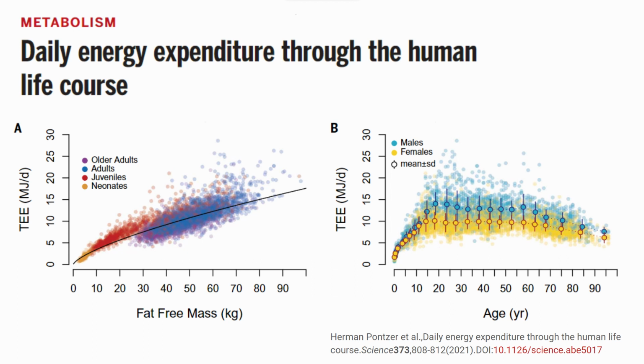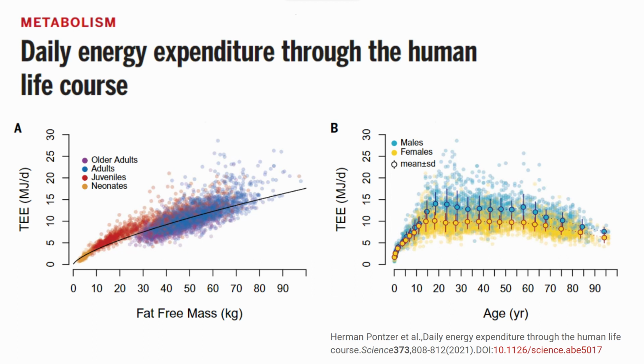There's a rapid increase in the energy expenditure as you're growing, till maybe 12, 13, 15-ish years, a very rapid change, and then it starts plateauing from about 15 to 20, and from the mid 20s onwards you start to see a slight dipping in the amount of energy your body is consuming.